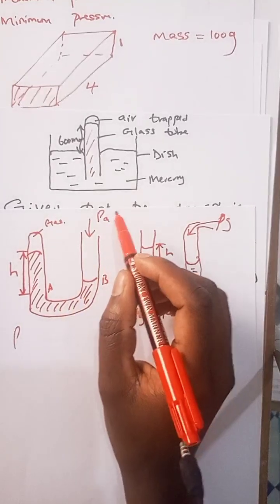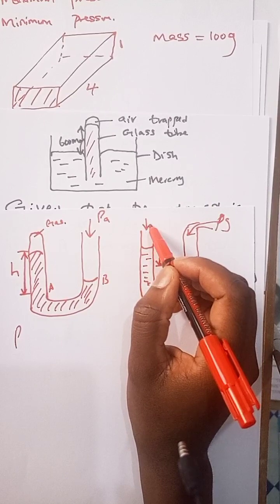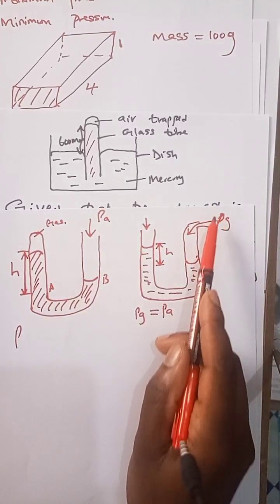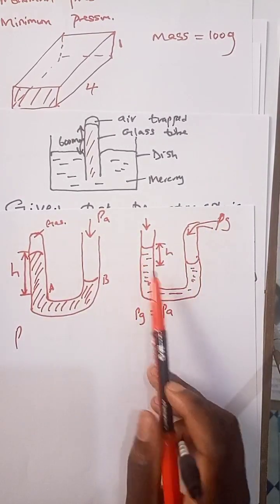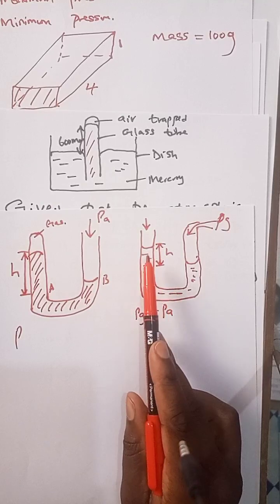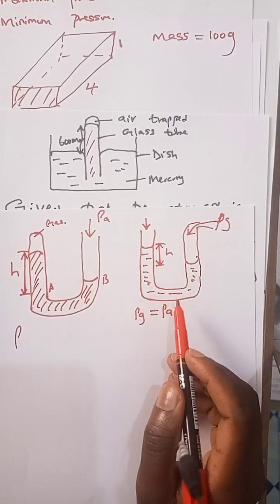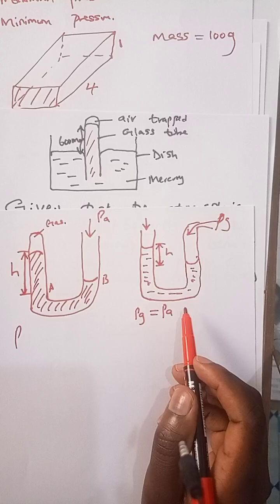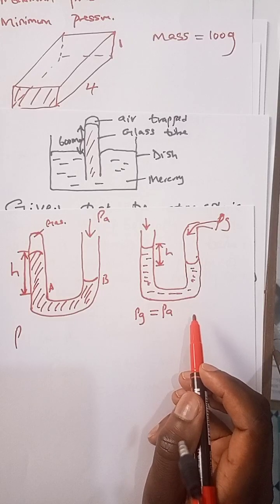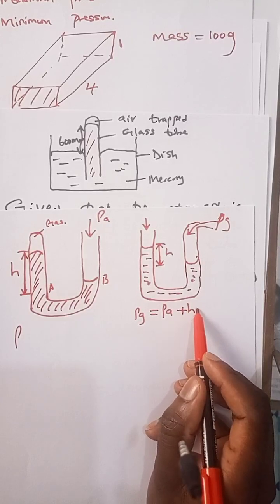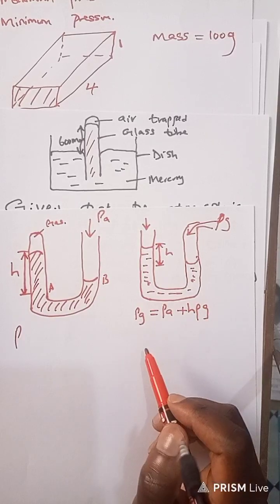Remember, atmospheric pressure is acting at this point, while the PG is acting on this side. So they are acting on different sides. There is atmospheric pressure, and there is the pressure due to the height column, h rho g.